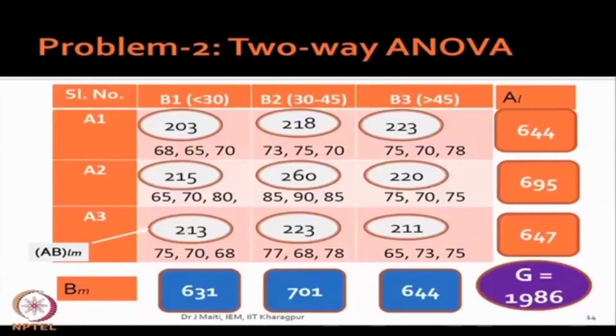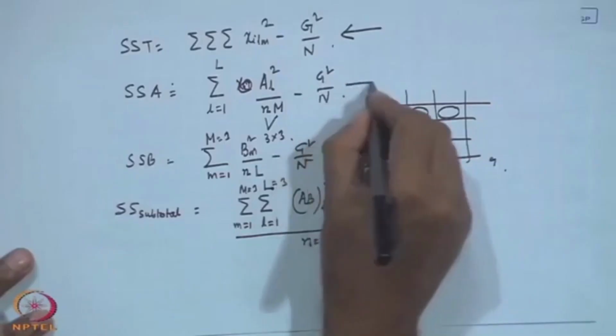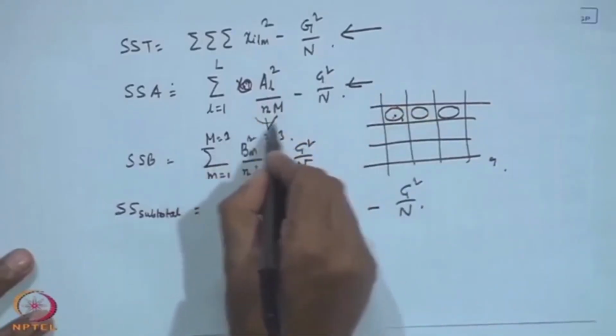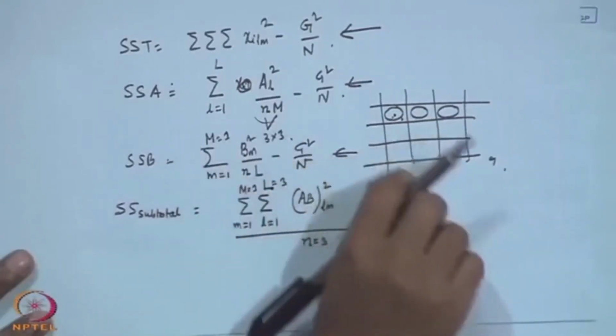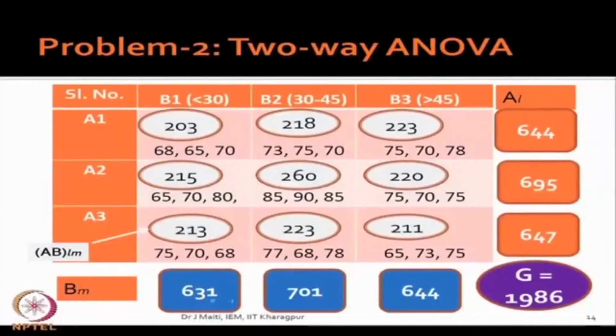Now for the second one, SSA, what we have taken is the sum across the rows: 644, 695, 647. These values you square first, then divide by N M, since 3 plus 3 plus 3, 9 values are there. Similarly, you will do this across columns: 631, 701, 644.